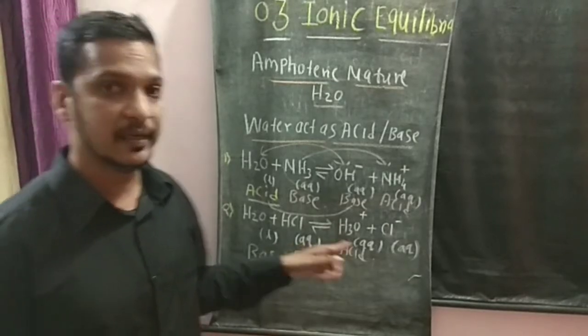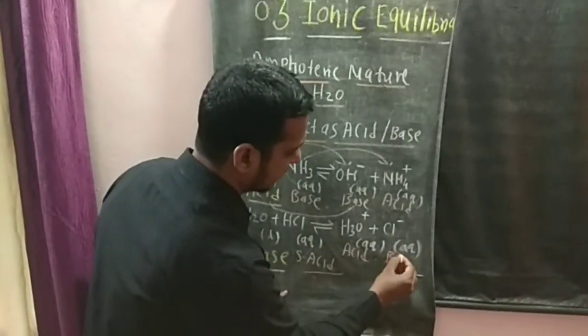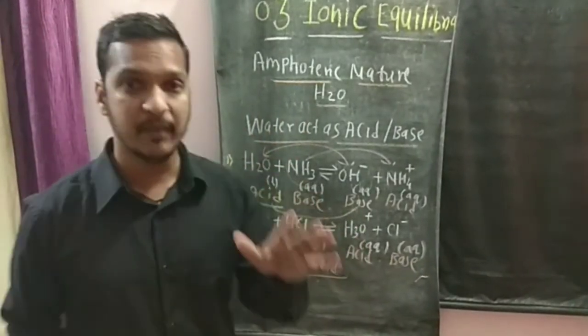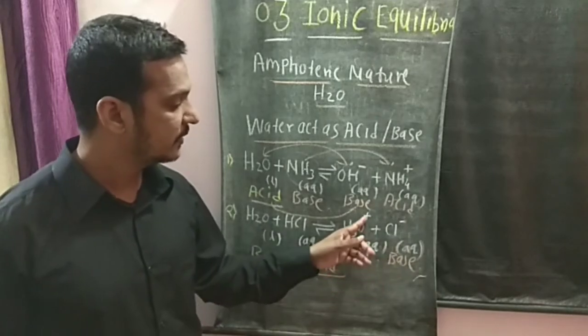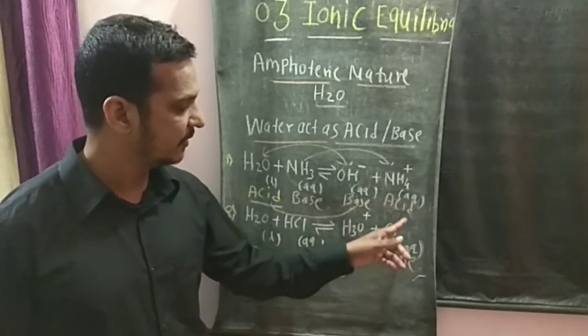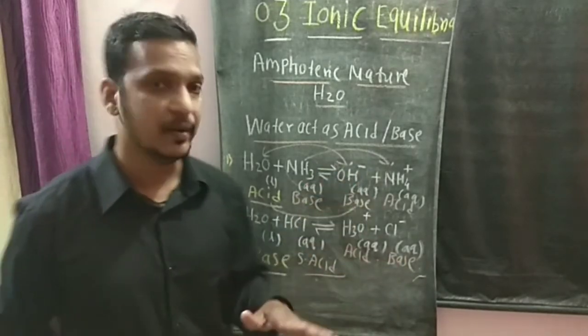And as I told earlier, Cl minus is called a base. So always remember, on the product side, after conversion, the positively charged species is called acid, like NH4 plus is acid, and the negatively charged species is called base, like OH minus is called base.